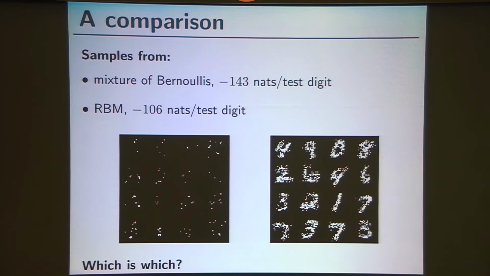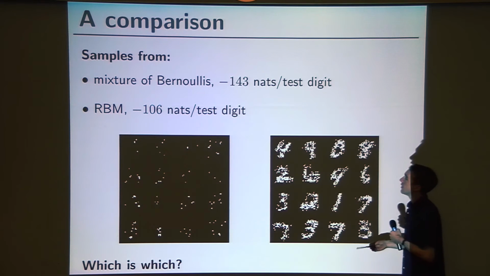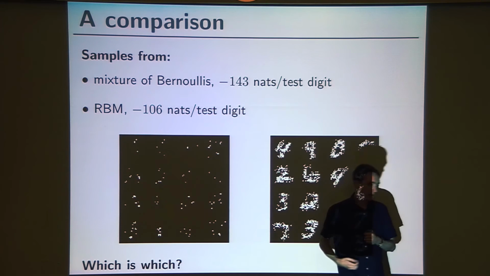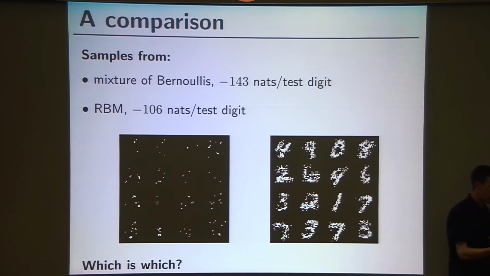The mixture of Bernoullis model, per test digit, has log probability minus 143 nats. So in other words, you can compress each of the digits with that model into 143 nats of storage space. The restricted Boltzmann machine is hugely, hugely better in terms of compression. It can compress into only 106 nats.